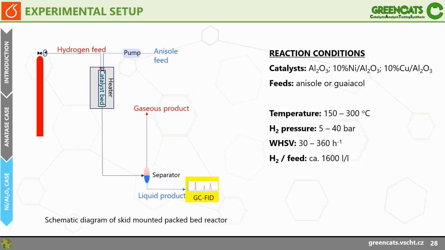We tried to work in quite a wide range of temperatures to really cover the area, and also a significant range of contact times or space velocities, as shown here, to really vary the conversion significantly in the reaction system.